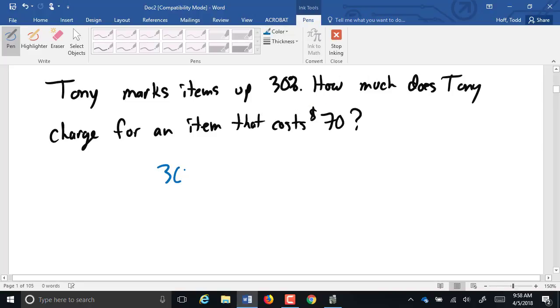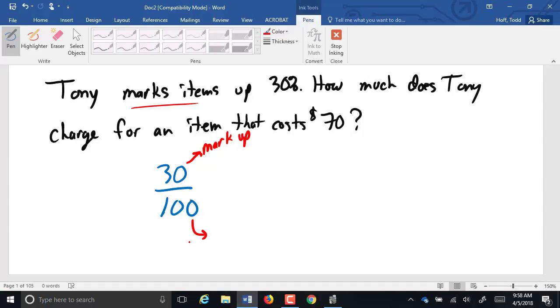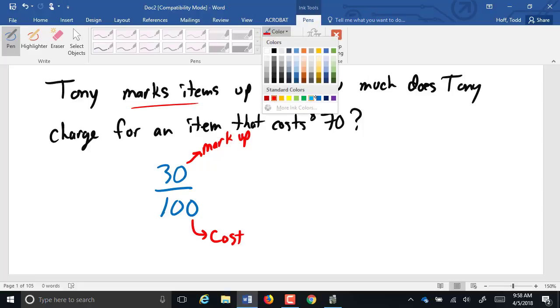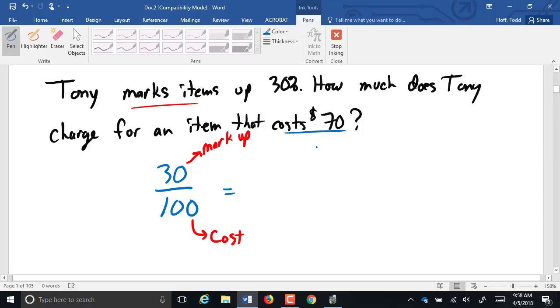So again, we've got that 30%. The 30 represents the markup. Now, being a merchandising example, you may not be familiar with the concepts enough to pick this out. The 100, the basis, is the cost. That's what Tony pays for the item. In the problem, we have the $70 that represents the cost.